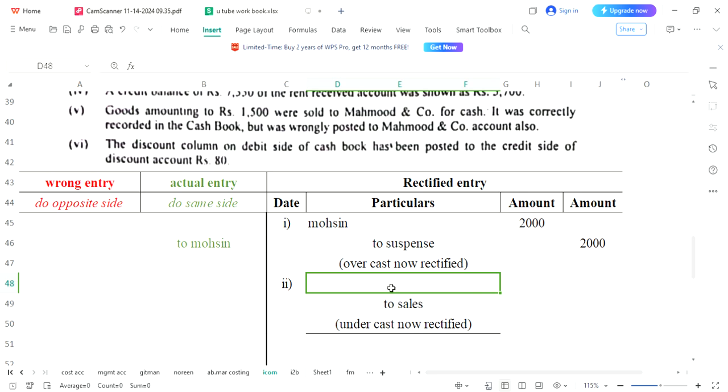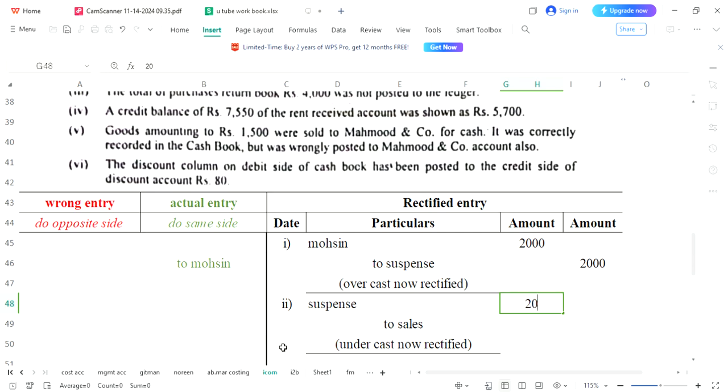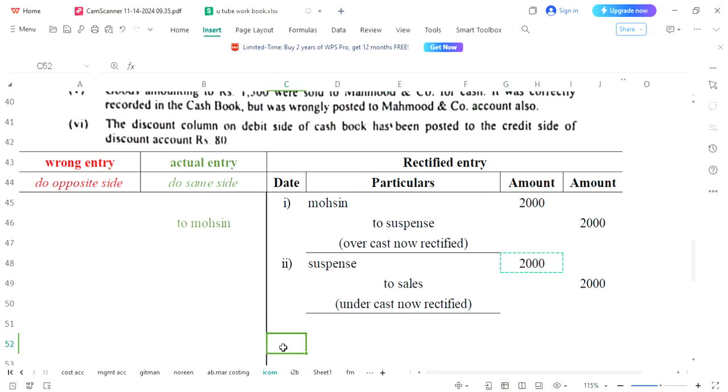Nothing has been left to be written on the debit side. So for the time being, we will write suspense account over here. Let me correct. Okay. So in this way, our second entry is completed. The amount was 2000. So you are supposed to write 2000 on the debit side and the same amount would be posted on the credit side. So our two entries are completed.